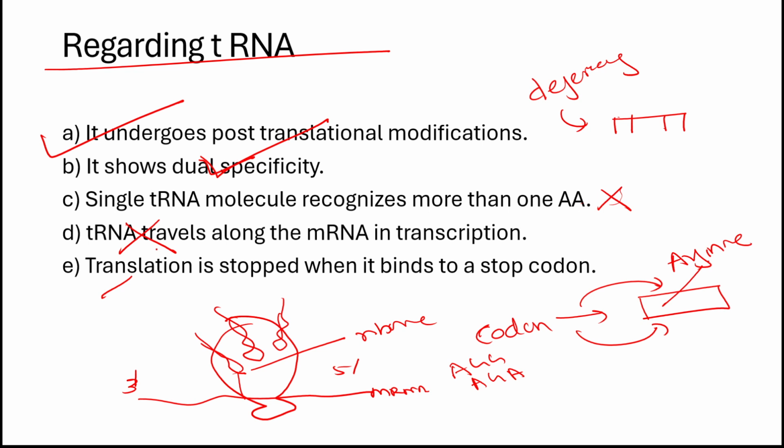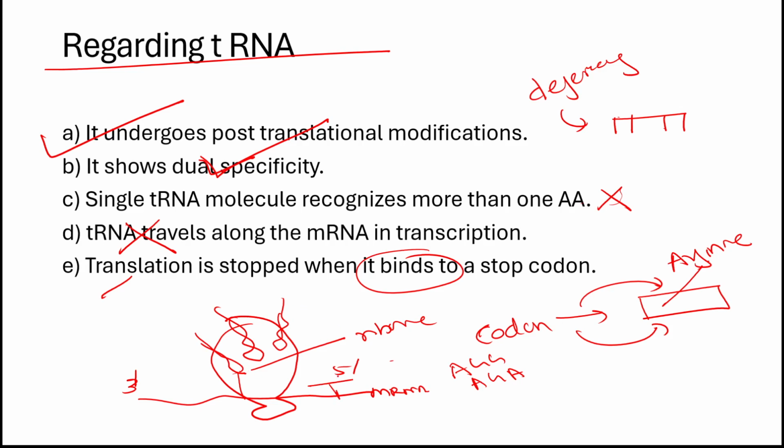The next statement: translation is stopped when a tRNA molecule binds to a stop codon. Again, you have to read it in a very discreet manner.